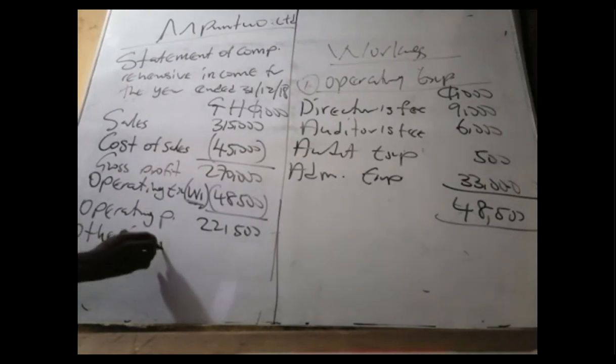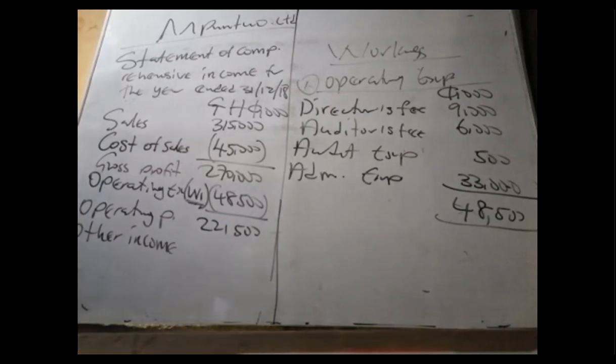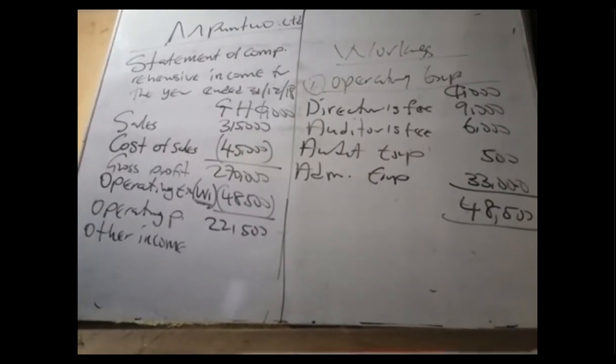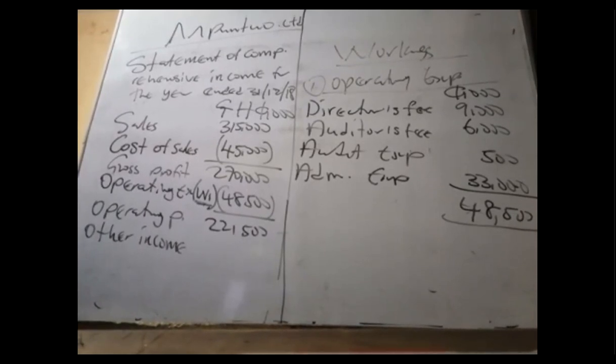And we mentioned that other income includes the following. We list all the composition of what? Other income, which is made up of, one, investment income, interest received, dividend received. Investment income is an example of what? Other income. So let's take note of that.